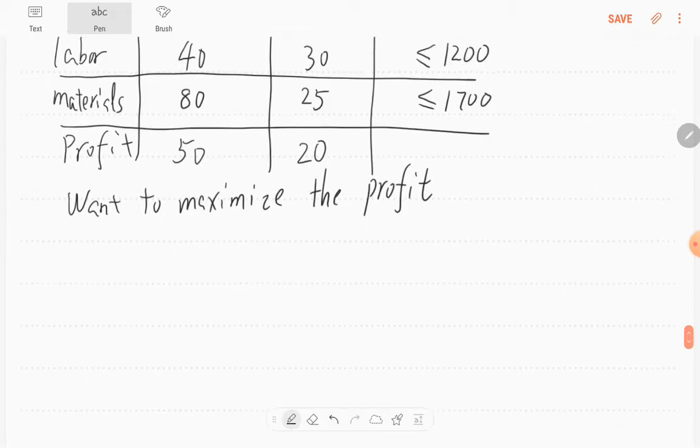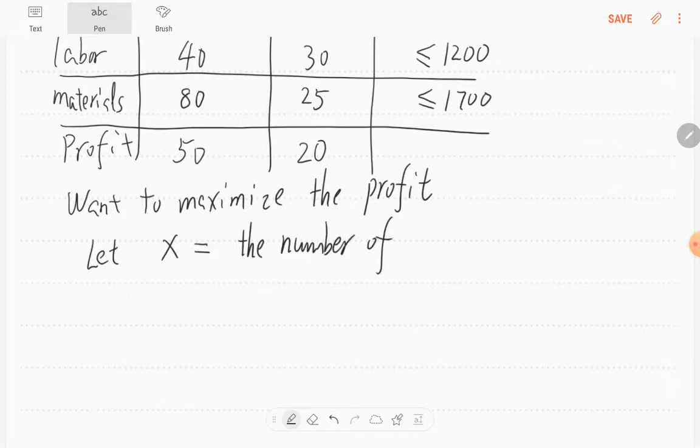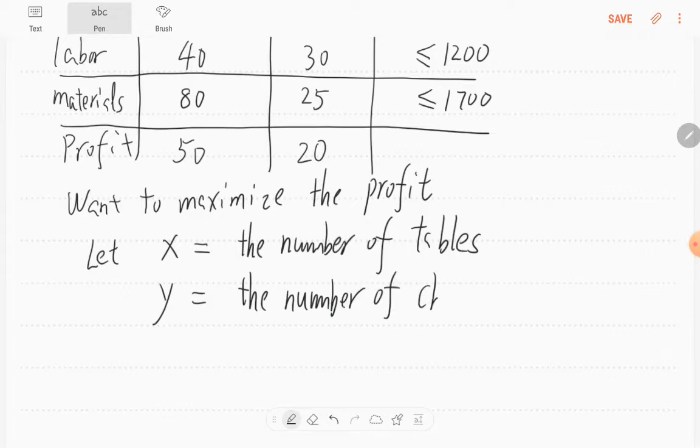Okay, so we let x be the number of tables it will produce every week, and y be the number of chairs.